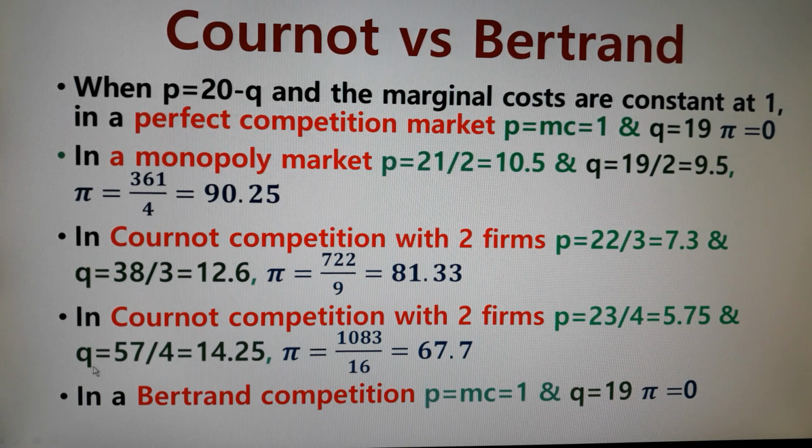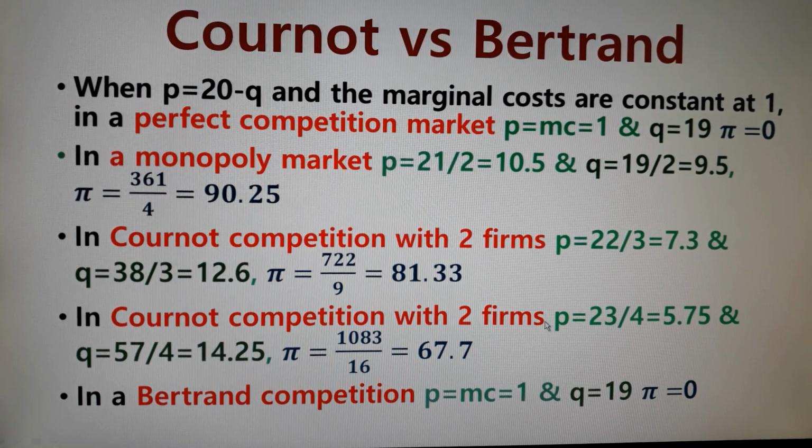That's why Q1, Q2, Q3 all together is 57 over 4, which is 14.25. And the profit would be P minus the marginal cost multiplied by Q. So it's like 4.75 multiplied by 14.25, which is 67.7. You calculate once again.